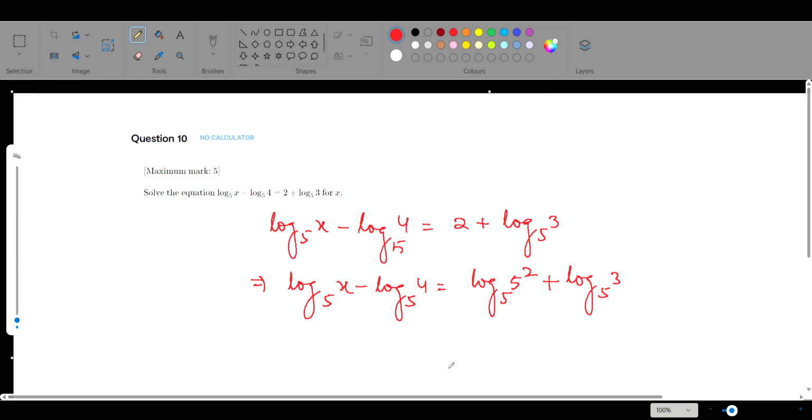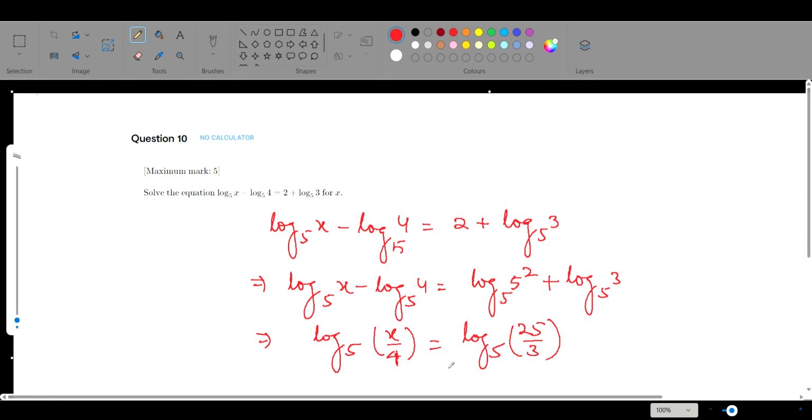So you can see here we all have terms in base 5. So what is the property we can use? Log base 5 of x over 4, right? x over 4, and that's equal to log base 5 of 5 squared times 3.